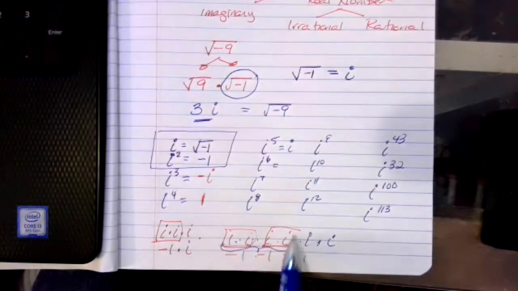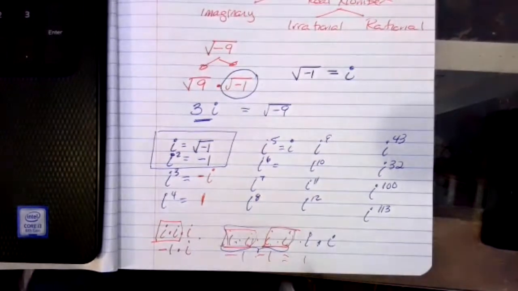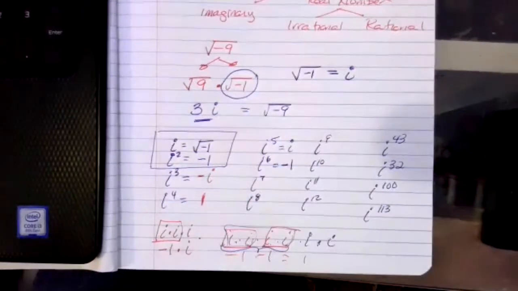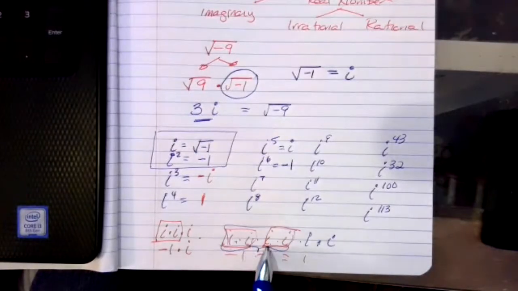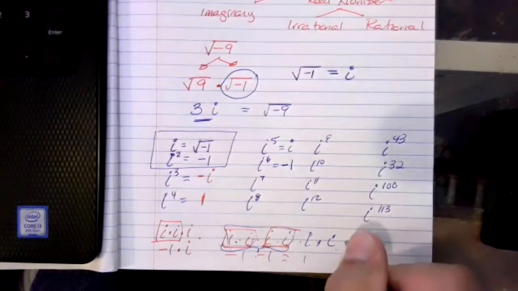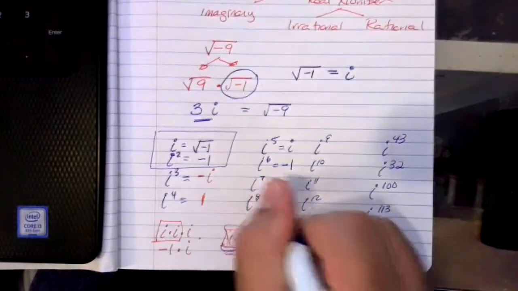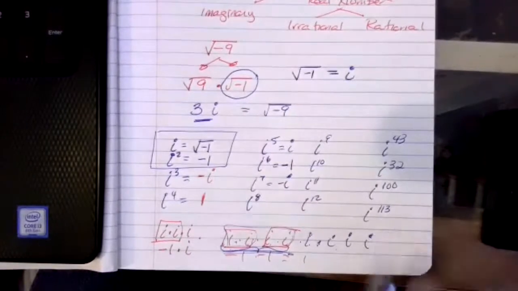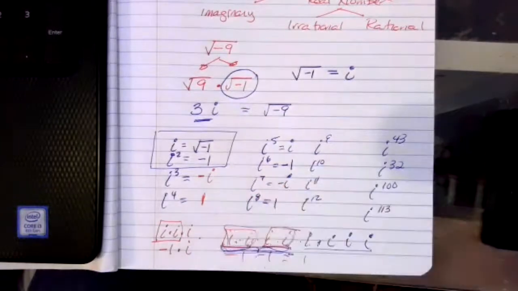So i to the fourth, we said, was 1, and i times i is i squared, which is negative 1. 1 times negative 1 is negative 1. i to the seventh would be i to the fourth times i to the third, which is negative i. And then i to the eighth would be i to the fourth and i to the fourth, which would really be 1 times 1, which is 1.